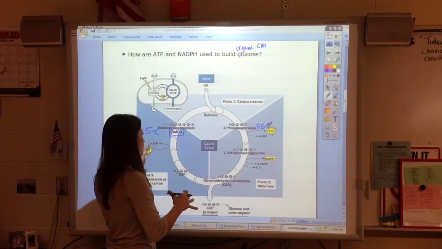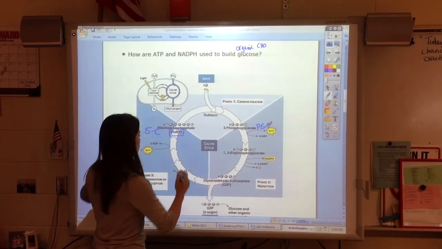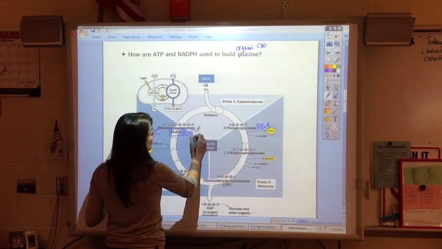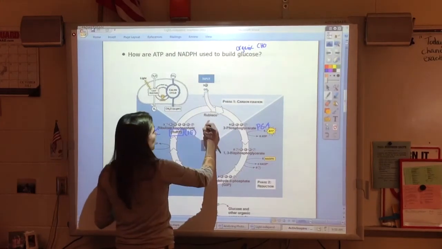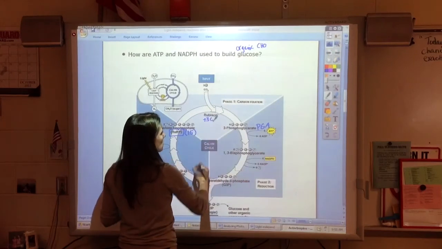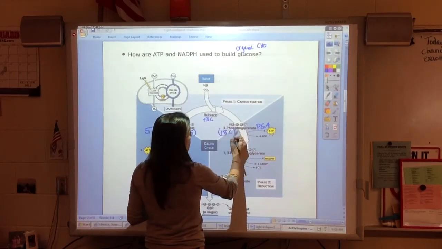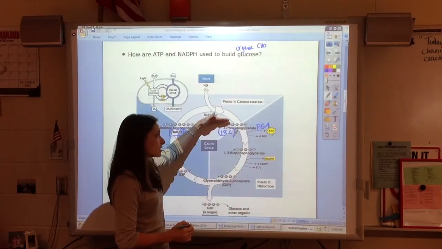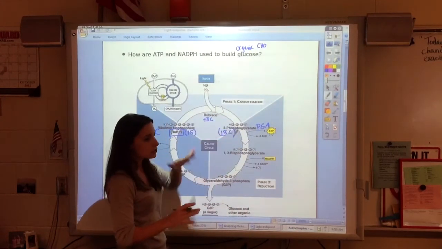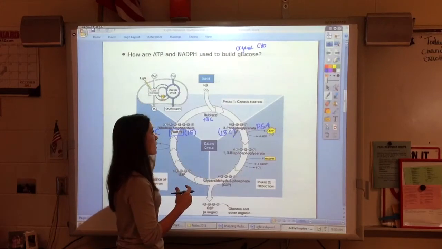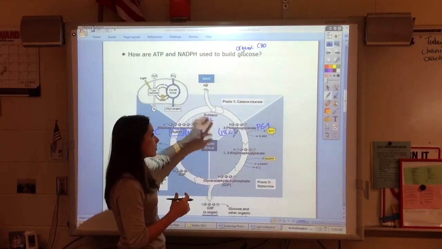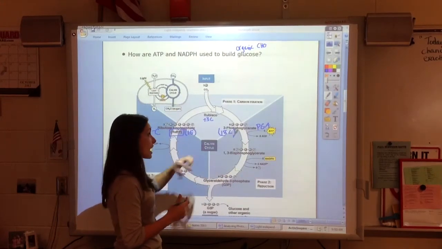So if we think about that, 3 times 5 is really 15. So we've really got 15 carbons plus 3 carbons, and we end up with 18 carbons, but they're split into 6 threes. So it's a little bit tricky here. The problem is that this enzyme is only going to really work 3 at a time.